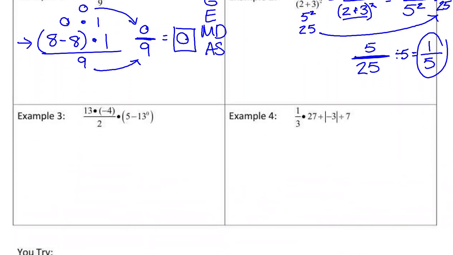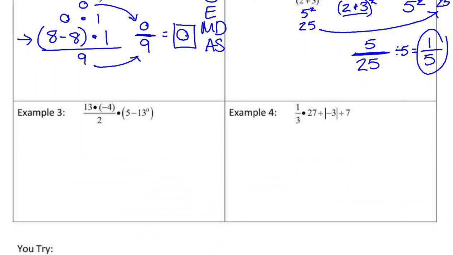Okay, let's look at example number 3. Now example number 3 looks a little bit different because I have a fraction to solve, plus I have the extra stuff on the outside. So I'm going to work it kind of like a mix between the two. So I'm going to do 13 times negative 4. And 13 times negative 4 is going to be negative 52. So I'm going to work with this fraction first. And then I'm going to put it back together.